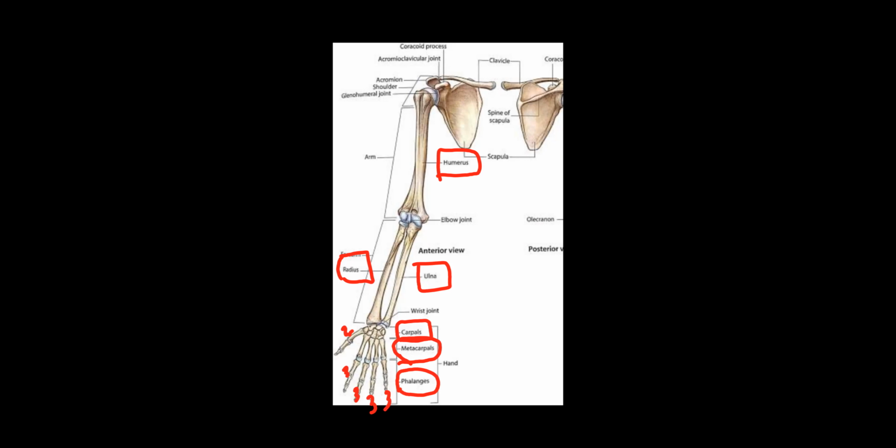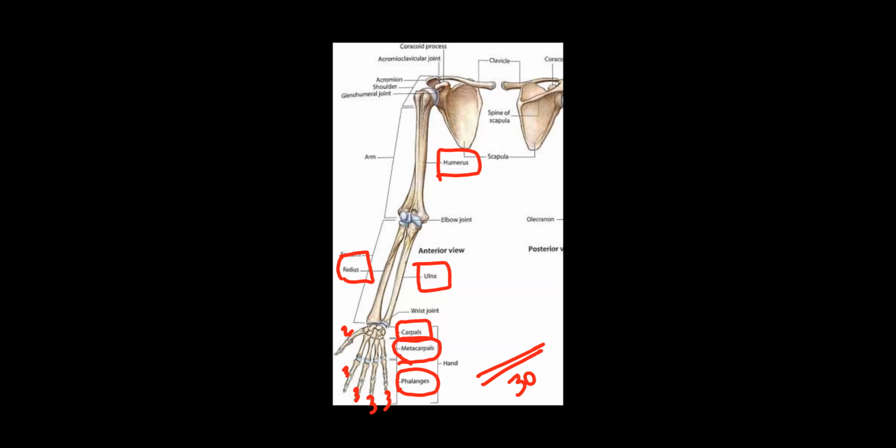Now, can you work out the total number of bones in each forelimb of a human, each hand? 30 is the correct answer. How come 30?